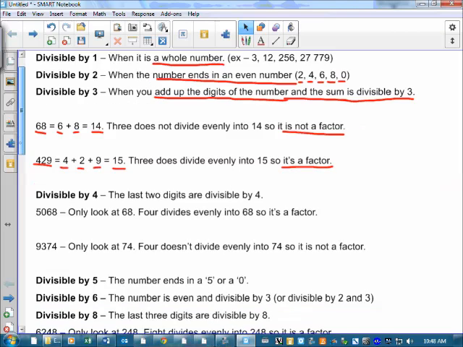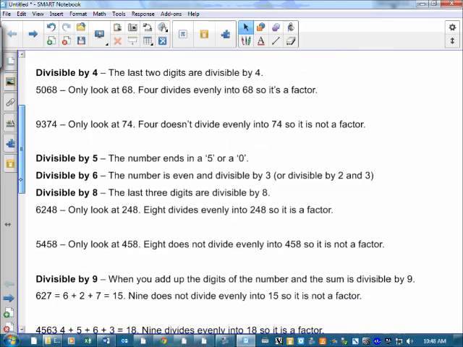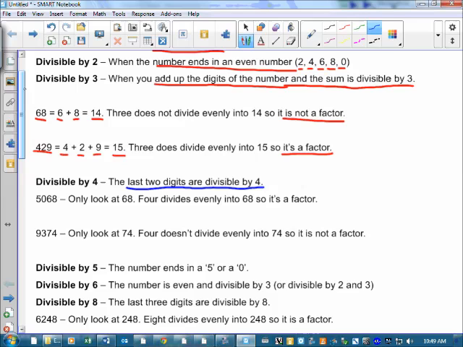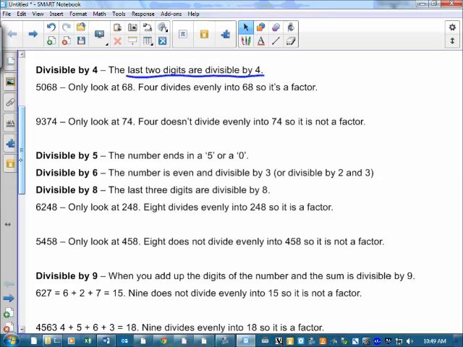Now 4. 4 is quite interesting. Once again, it does not matter how big this number is. It could be in the bazillions. It doesn't matter because you only look at the last 2 digits and you see if they are divisible by 4. So look at this number right here, 5,068.